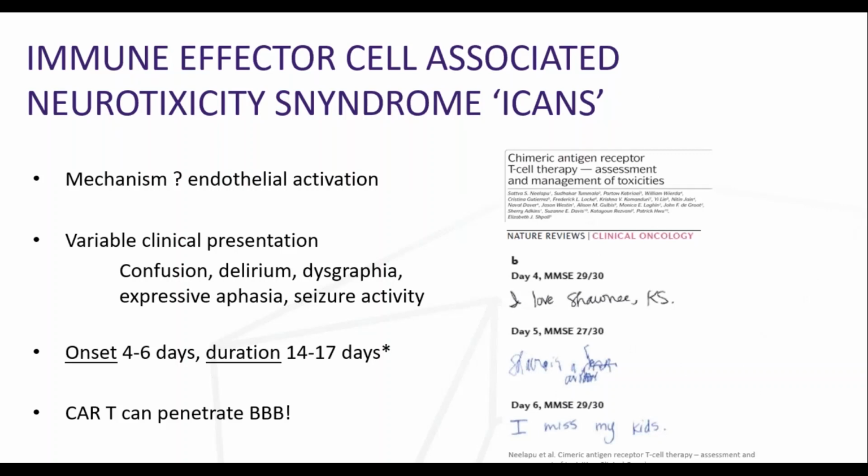So the exact mechanism or the cause of ICANS isn't well understood. And we've talked about that clinical presentation being quite variable. ICANS can occur in isolation. It can occur alongside cytokine release syndrome, so independently or together.